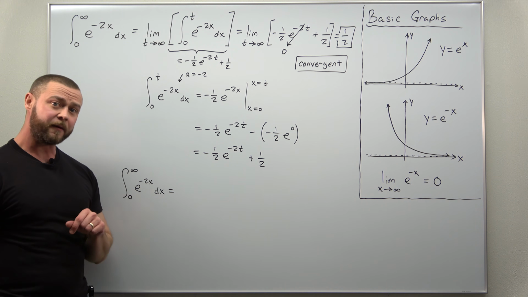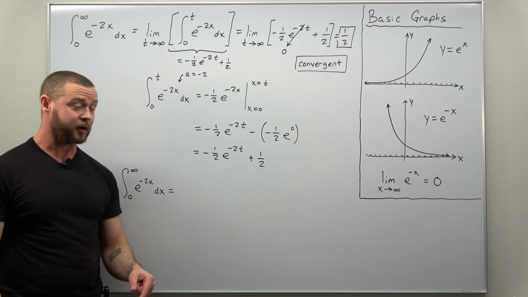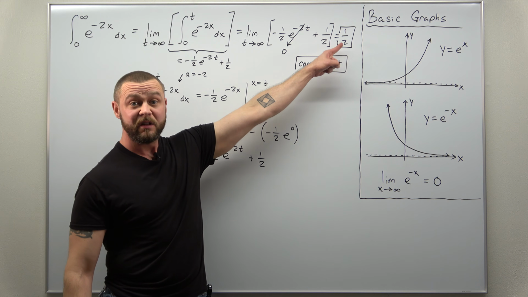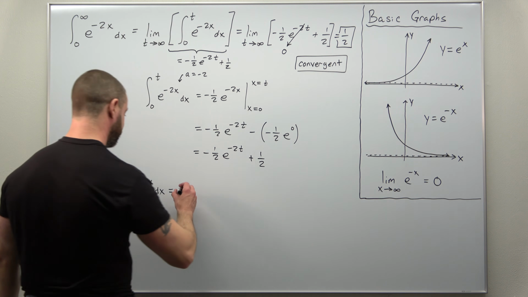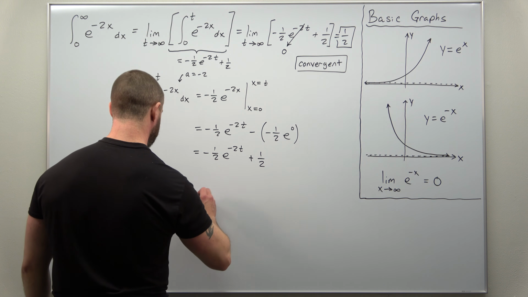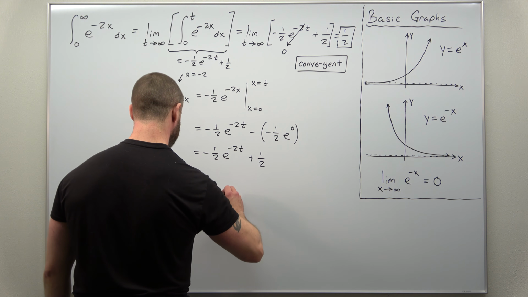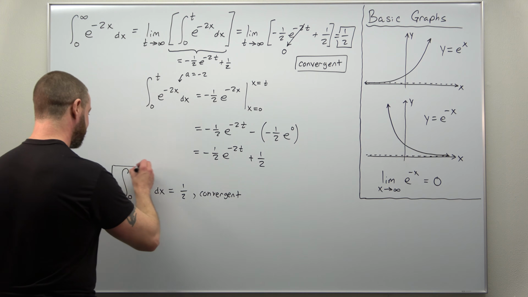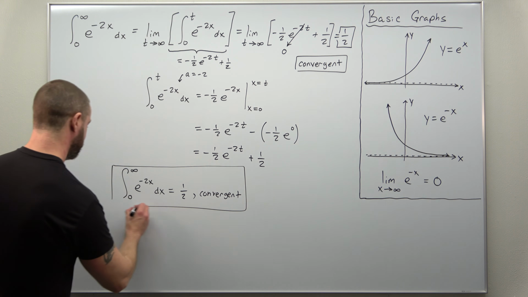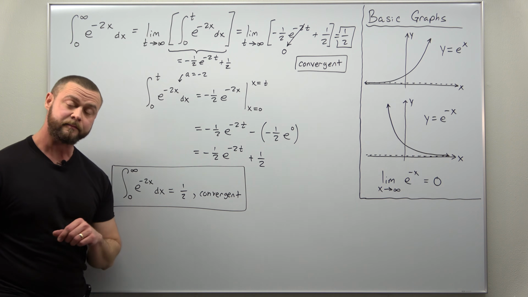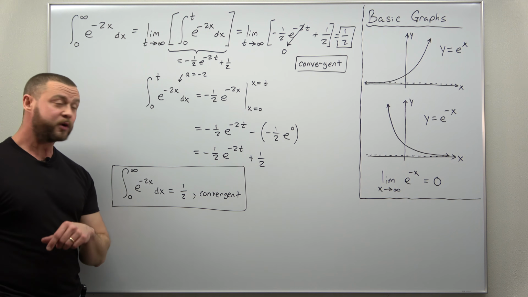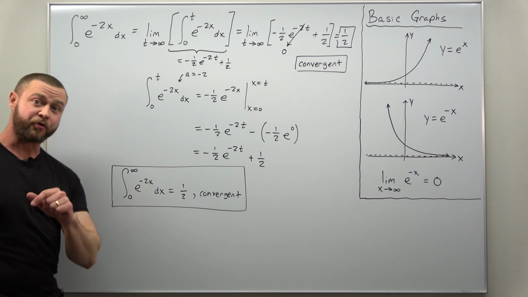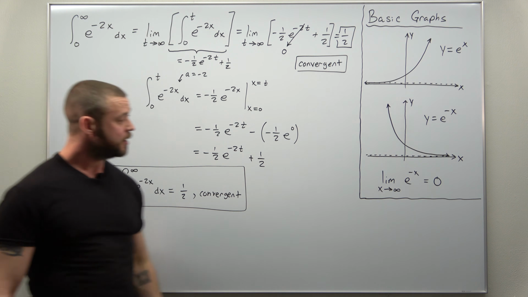And the more important part, the value of the integral, is the value of that limit. So our improper integral is convergent, and we find that it converges to 1/2.